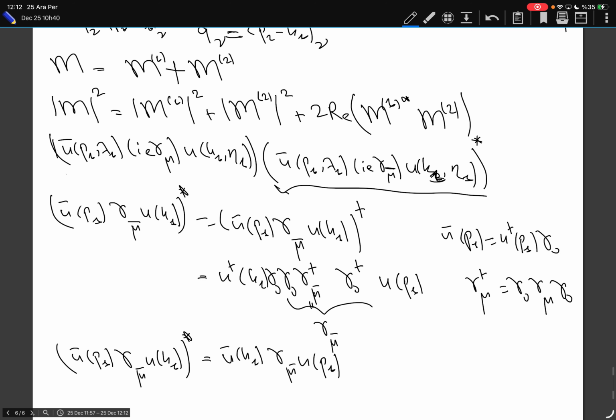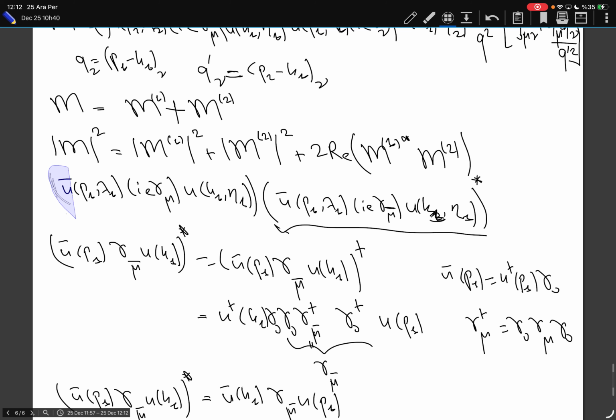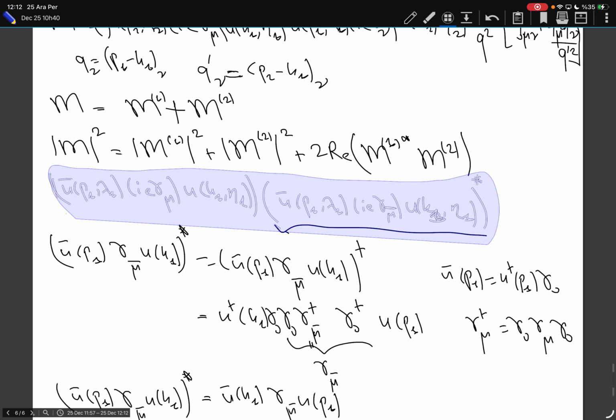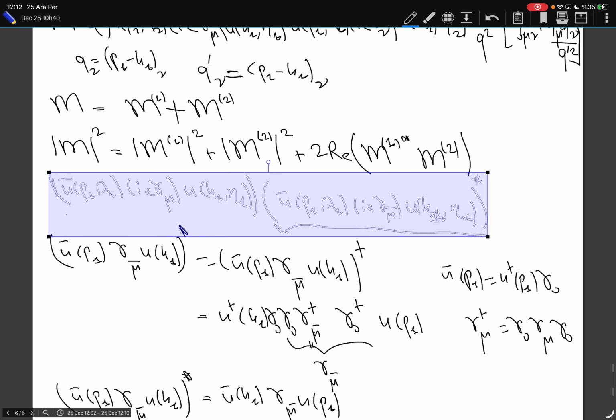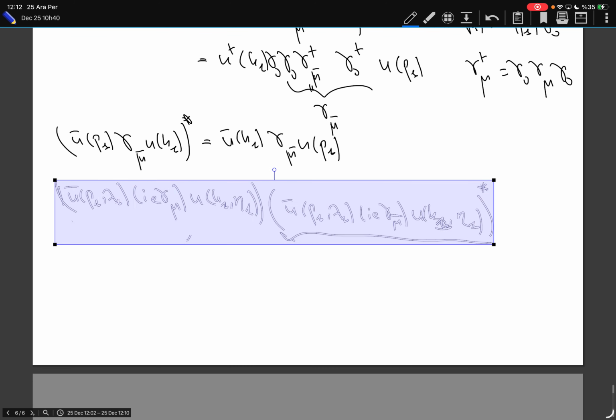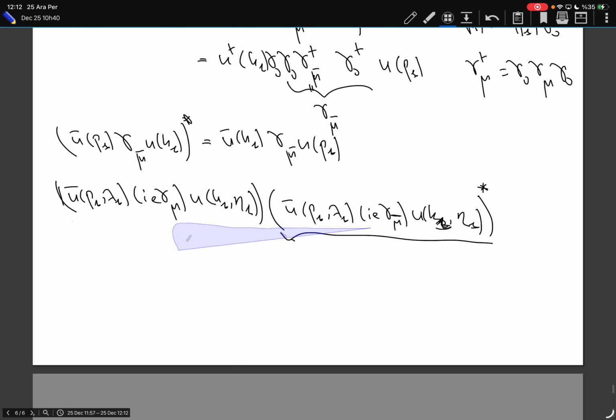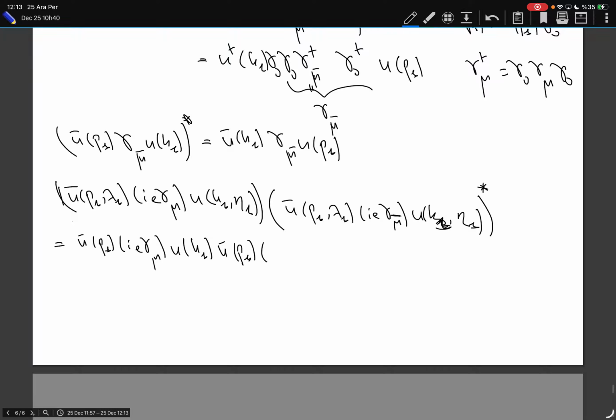So let's go back. This is what I wanted to calculate. This is equal to u bar p1, gamma mu, u k1, u bar k1, gamma mu bar, u p1.